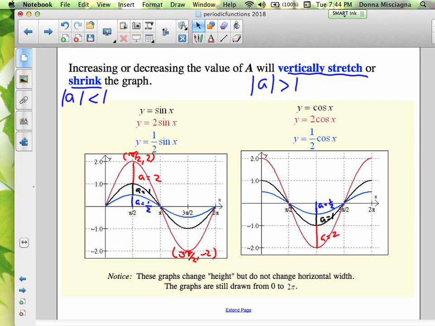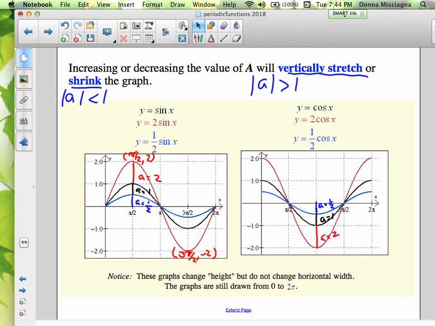And so over on the right-hand side, we have y equals cosine x, y equals 2 cosine x, y equals 1/2 cosine x, and we see the same things. The graph of y equals 2 cosine x is vertically stretched. Now its maximum is at 2, minimum at negative 2. For y equals 1/2 cosine x, it's vertically shrunk.